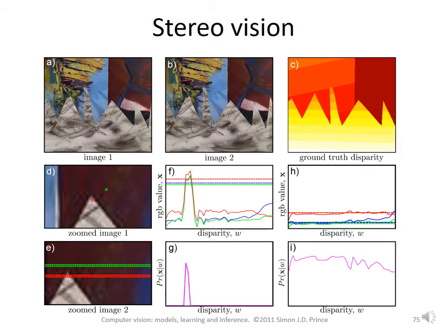Now, if we look at a nice distinct point like this, this one tagged with a red square in image 1, and we go looking for it in image 2, we know, as mentioned, that it's going to be just along a certain scan line in image 2. So we're going to move to each of these discrete locations. Each of these corresponds to a particular discrete value that we might choose as the disparity for the red square pixel from image 1.